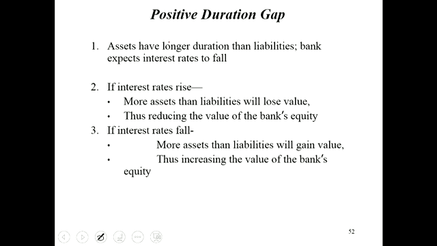So if the interest rates go down, they gain value, or they lose value if the interest rates go up quite a bit compared to the liabilities, which are short duration. So you probably need to brush up on what a duration is and what it means from that section, because we're using it here. Okay, any other questions?